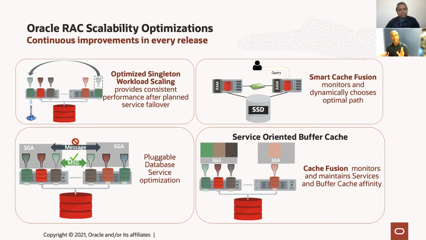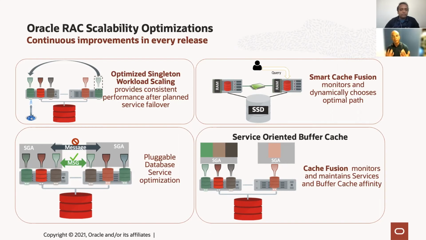We have optimized singleton workload scaling and smart cache fusion to dynamically monitor and determine the optimal path. 20 years ago, rotating disks were the norm. Today, we have SSDs, storage that can read and write much quicker, so we have optimized our cache fusion algorithm to monitor and dynamically choose an optimal path.